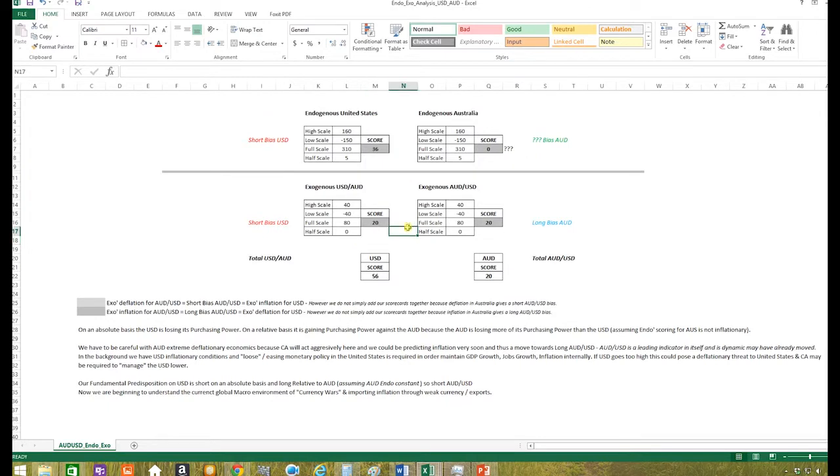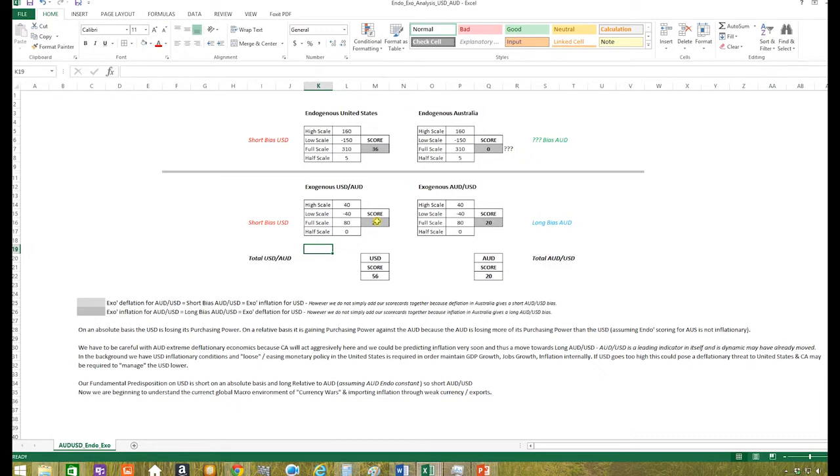And that doesn't simply mean that we get deflation on this side. What we get is a short bias by default from our analysis of the subject economy, from our analysis of the Australian economy, which gives us a default long bias on the Aussie dollar, US dollar exchange rate through the dynamic relativity principle, but it doesn't mean that we have deflation in the United States, because that depends on many other factors.